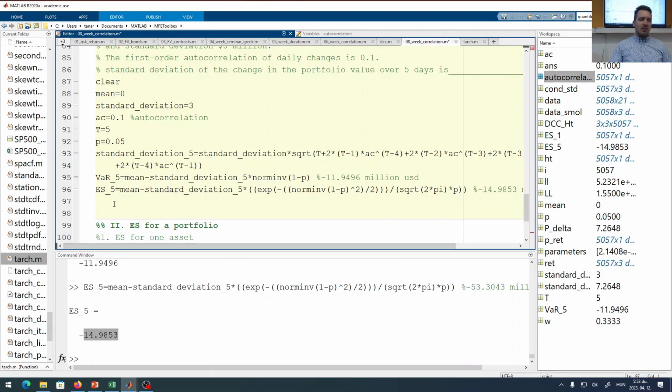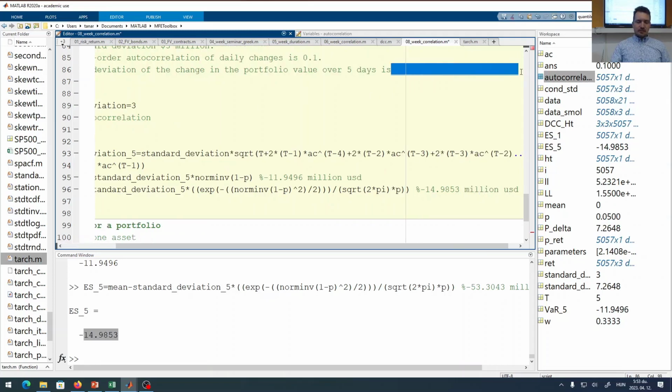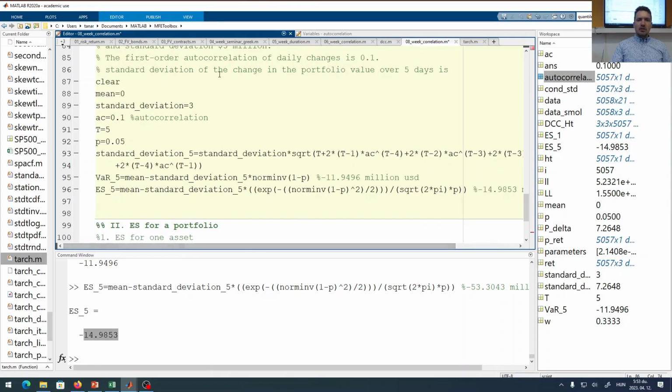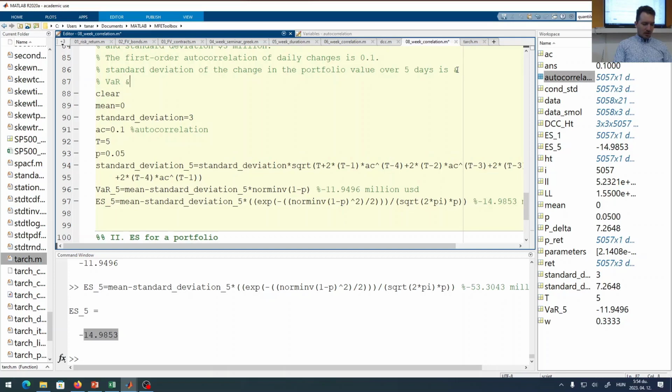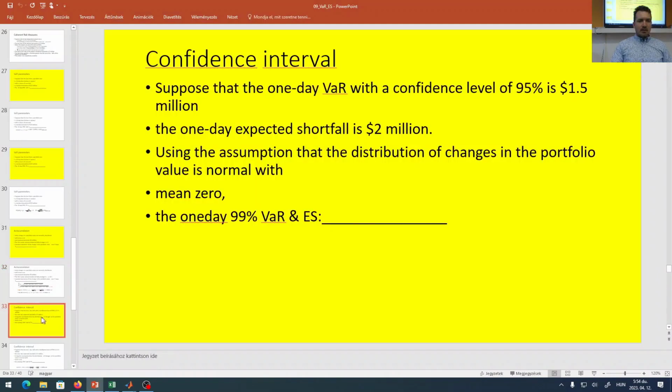So it's nice because now we can convert for 5 days up. So what happens with the VaR for 5 days, expected shortfall for 5 days as well. VaR and ES. Just in case we can see what we were doing.